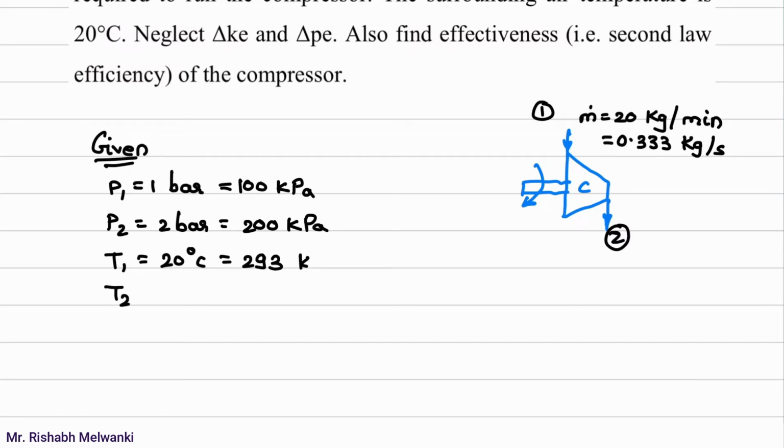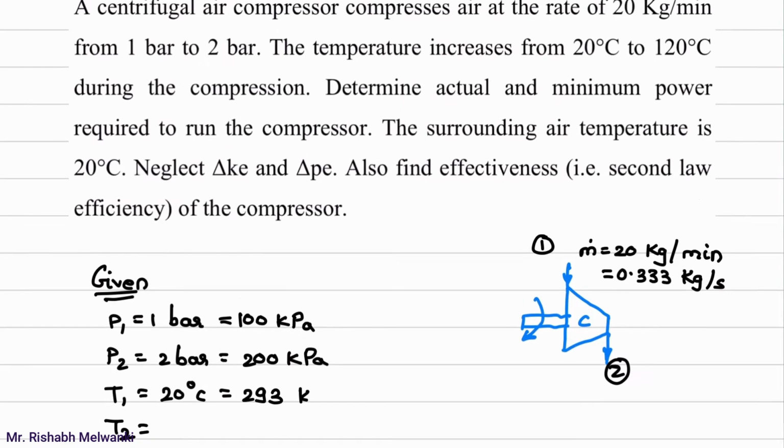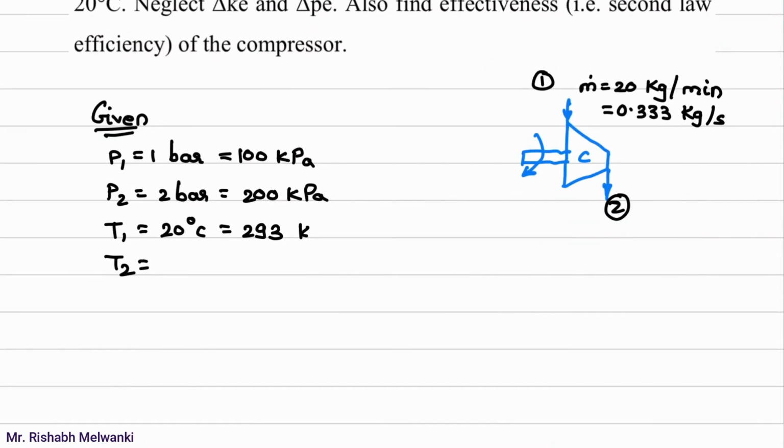And T2 is 120 degrees Celsius, so 120 plus 273, 393 Kelvin.